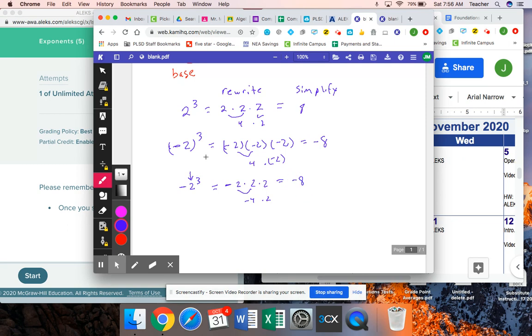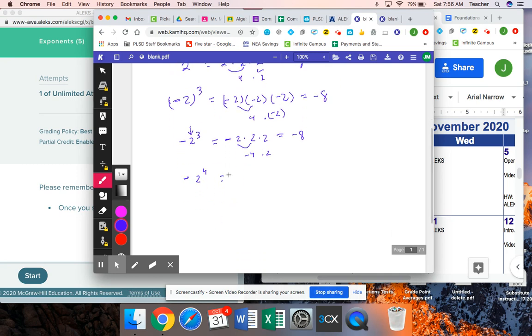So notice how in this case we're good. And it seems like, oh, it's the same. What if I did -2 to the fourth power for comparison's sake, and then -2 in parentheses to the fourth power? All right, let's see what we get. So up here, we get a negative. Remember, I'm raising just the 2 to the fourth power. So let me write my negative again.